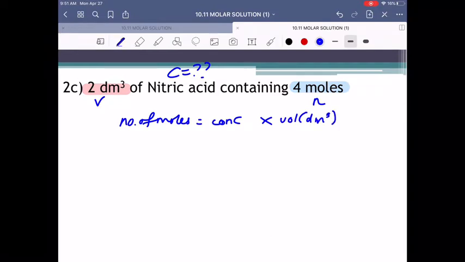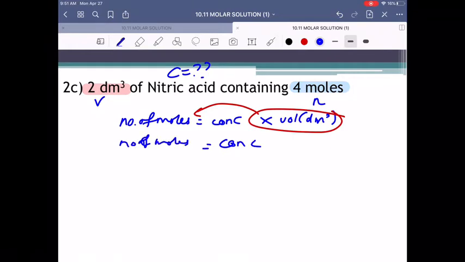We want our concentration, so we need to move this volume to the other side, so it will become divide. Concentration is equal to number of moles divided by volume in dm cube.